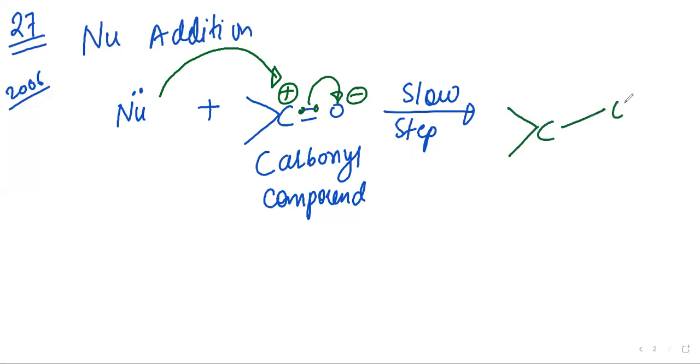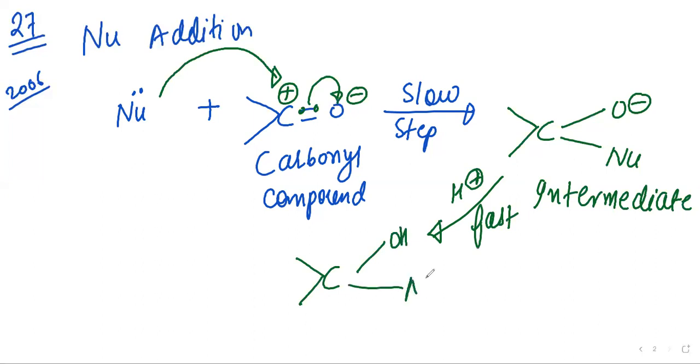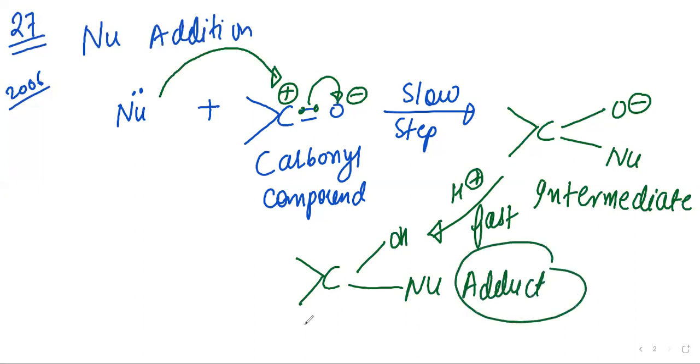So this is O minus, and here Nu will attach. This is the intermediate, right? So when it reacts with H plus, then it will do a fast reaction. This is called adduct. Right.